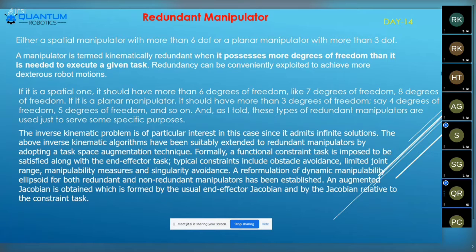A manipulator is termed kinematically redundant when it possesses more degrees of freedom than is needed to execute a given task. The manipulator executes the particular task according to the working principle to do the particular job.